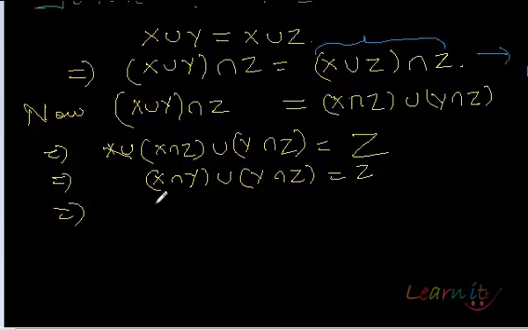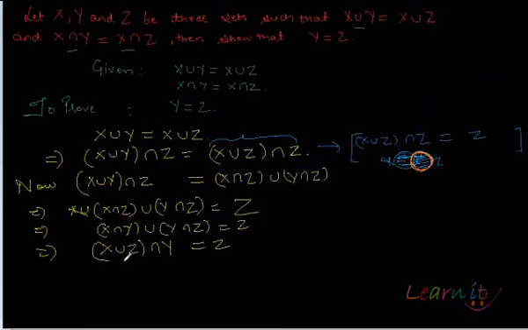We can write it as (X union Z) intersection with Y. Okay, intersection with Y. This is because X intersection Y equals X intersection Z, right? So this is because of that reason.